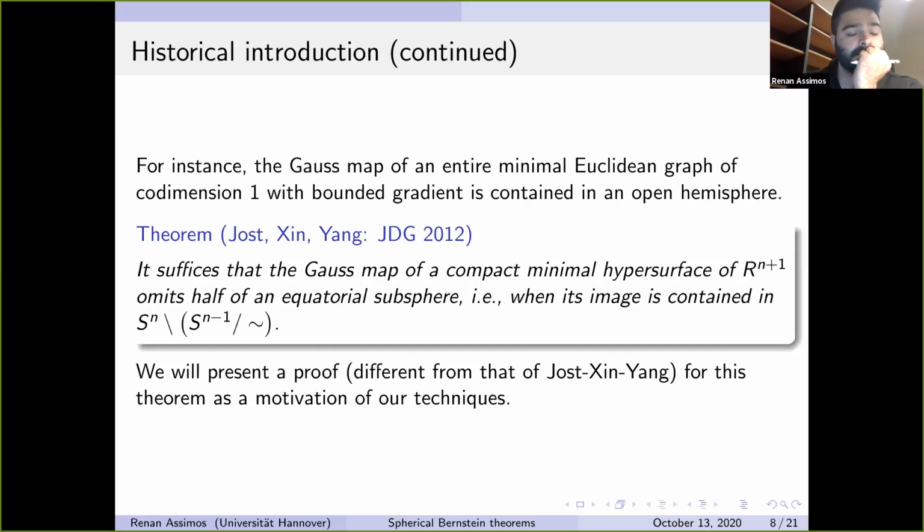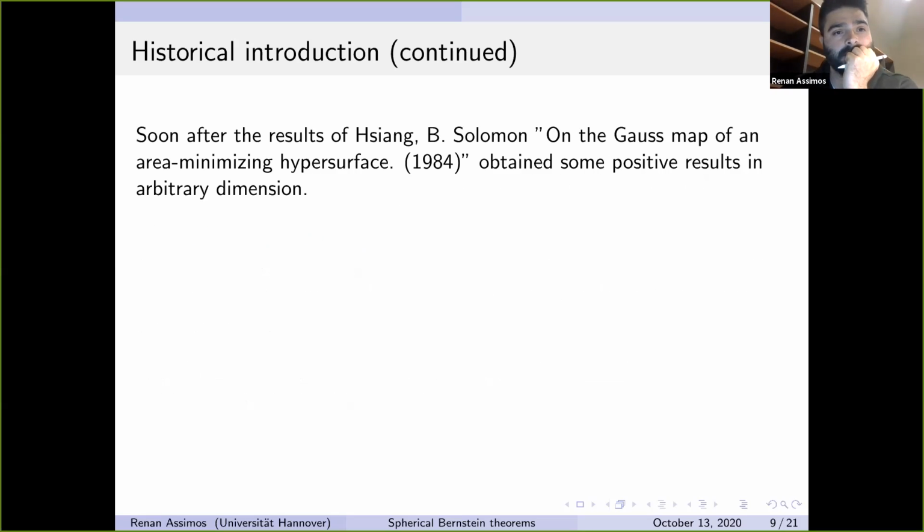All right. And now, we deviated a little bit talking about some classical Bernsteins, but now going back to the spherical Bernstein problems. Despite the negative results of Hsiang and Yang, there is a very nice and positive result of Solomon, for which we'll try to present a proof today.